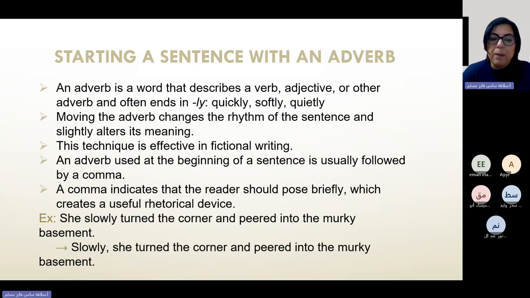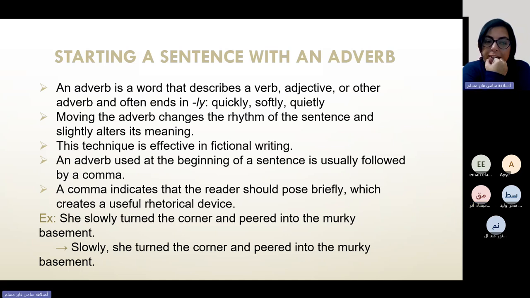Maita, can you read the example? She slowly turned the corner and peered into the murky basement. Slowly, she turned the corner and peered into the murky basement.